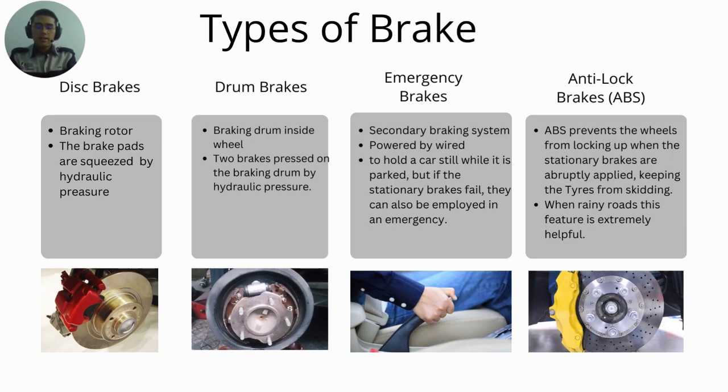It is a secondary braking system that operates separately from the service brakes. Almost all emergency brakes are powered by wires that mechanically apply pressure to the wheels, despite the fact there are numerous distinct types of the brake, like the stick brake lever, a third pedal, a push button, or the handle near.